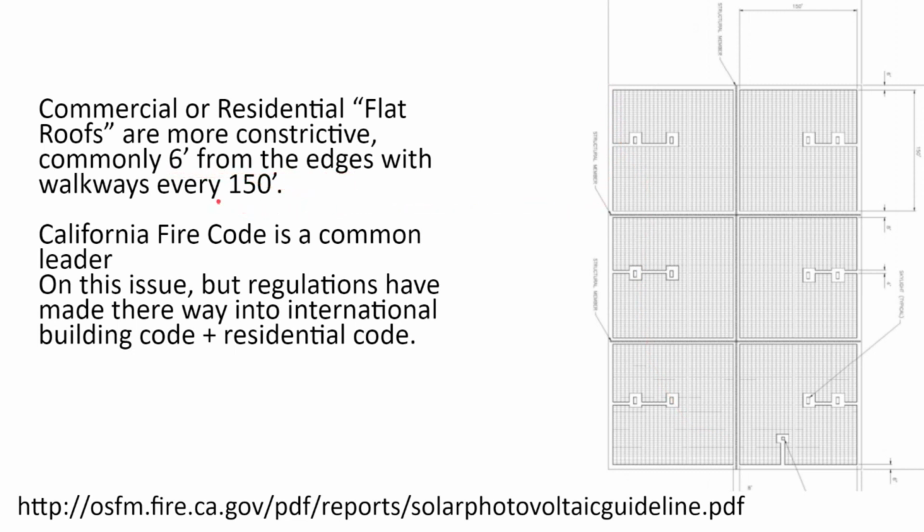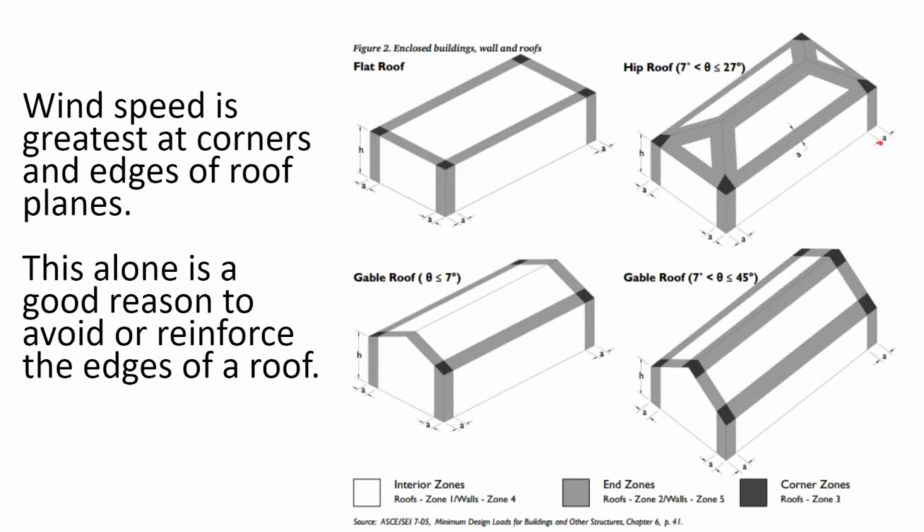At any rate, there are valid reasons to stay off the edge of the roof with a solar array. Wind speed is greatest at corners and at the edges of the roof, such that the solar array will result in more force on the roof truss during extreme wind if installed on the edges of the roof.